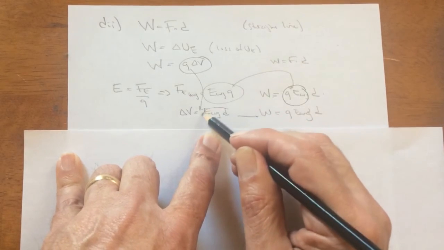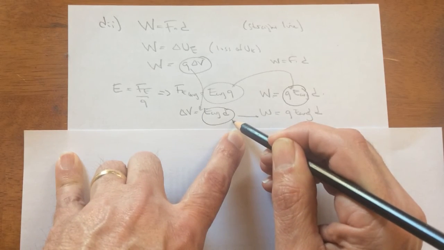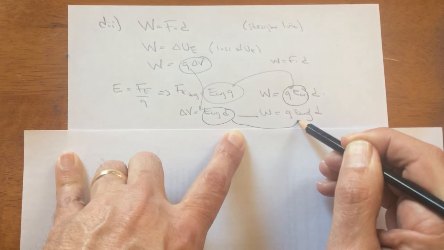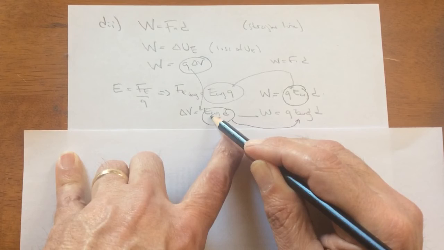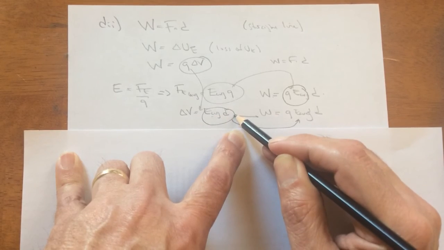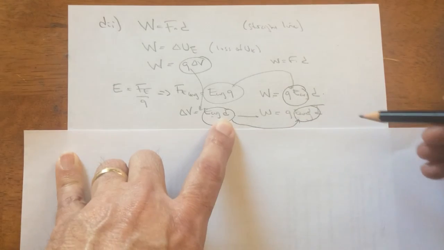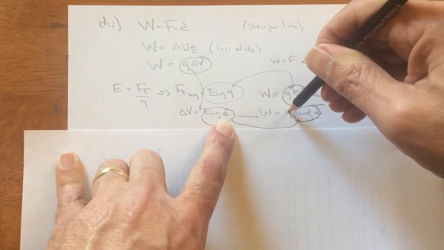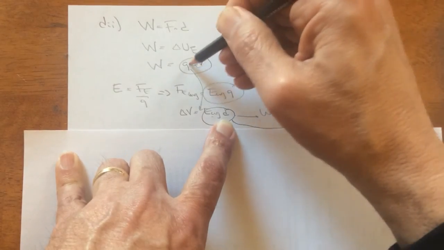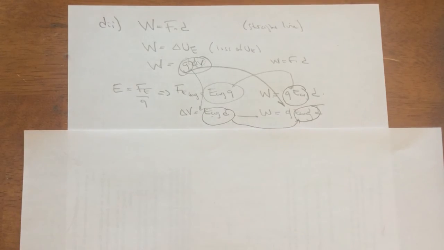Your change in V is E field times d, and that's your V from here, and then you bring your Q, and there you are. Hot diggity dog.